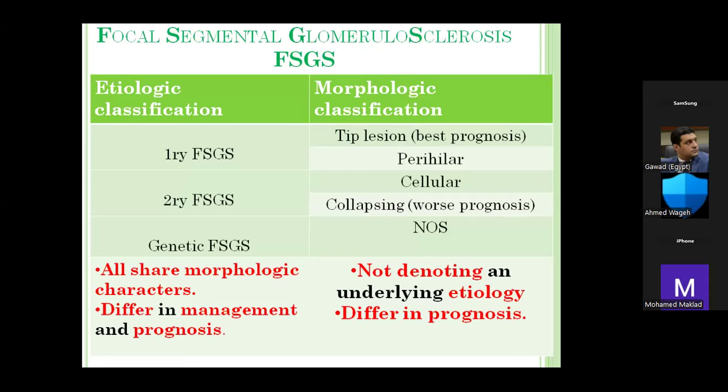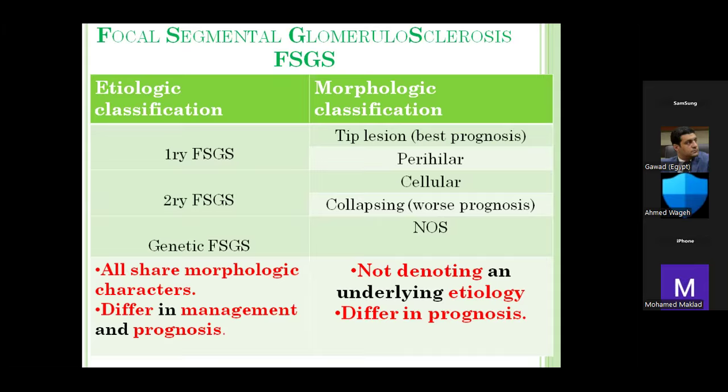So focal segmental glomerulosclerosis has two classifications: etiologic classification, which is very important, and morphologic classification, which loses its importance day after day. Morphologic classification includes the tip lesion, which is known for its good prognosis; perihilar, which was famous for being secondary to hypertension or obesity or something like that; cellular variant and collapsing, which is known for having the worst prognosis; and NOS, which is not otherwise specified.